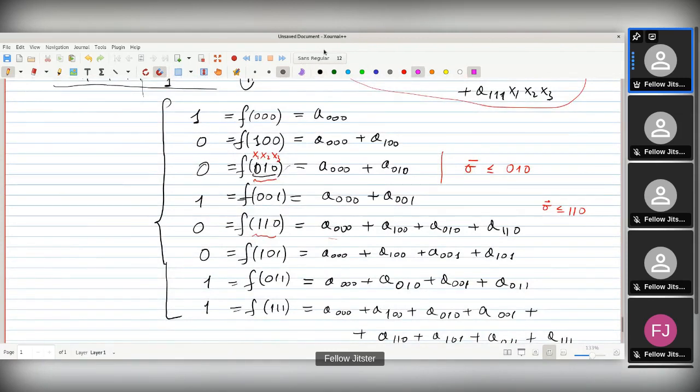So we already know that A000 is 1. That means that here we can replace it by 1 everywhere. As it is 1, so what is A100? 1 plus something equals 0. That means that this is also 1. 1 plus something is 0.